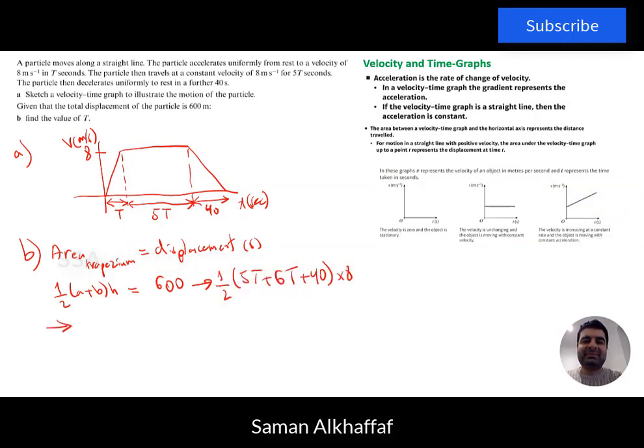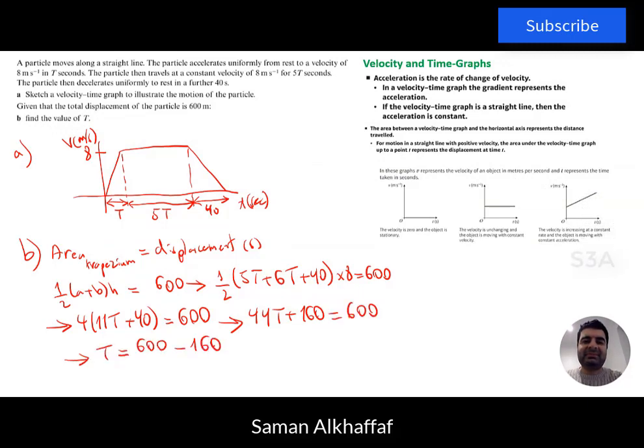Now to simplify this expression, on the left hand side we would have 4t equal to 40, 600. So for t, we multiply the whole expression by 4, 60 all divided by 44. So this is the value of t for the scenario, and this will be our answer.